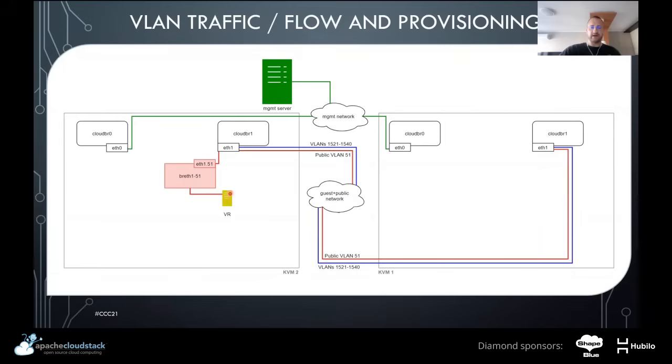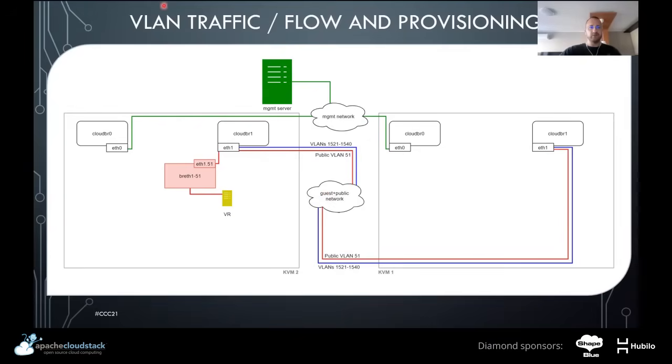When they send a packet to the internet, it will go as a normal IP packet, untagged, to the bridge, go down to the eth1.51 VLAN interface, which will do the VLAN tagging. And then it will be physically sent over the eth1 interface via this red line. And from here, you can either communicate with the public IPs over there, or you will have connectivity to the external gateway and actually go and reach the internet.